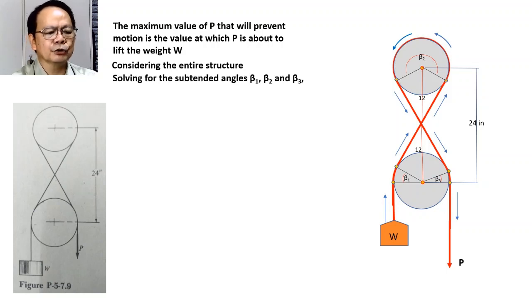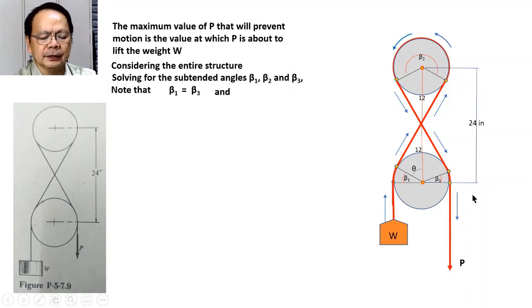Now, if we're going to solve for the subtended angles beta sub 1, beta sub 2, and beta sub 3, you would notice that the relationship between theta and beta is that they are complementary angles, and therefore beta shall be equal to 90 minus theta. Now, to solve for the angle theta, let us imagine this triangle, and consider natin siya as FBD.